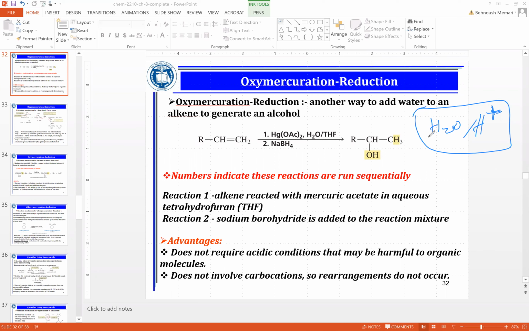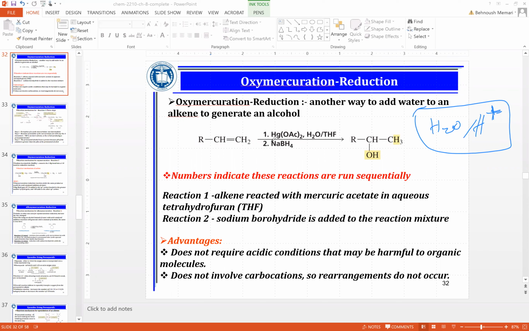If you don't want any rearrangement to take place, you must do indirect addition of water. And one of the options would be oxymercuration, demercuration. So the benefit of oxymercuration, demercuration is that there would be no rearrangement. Addition is going to be Markovnikov addition.